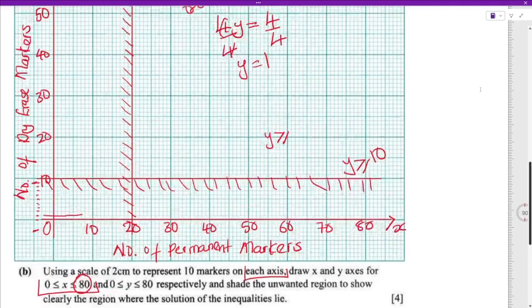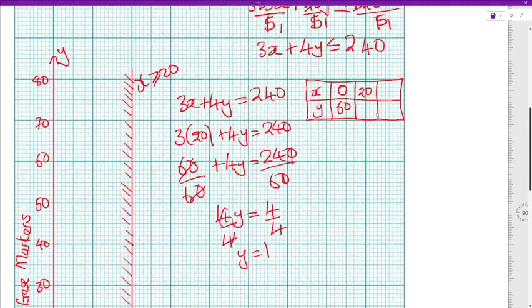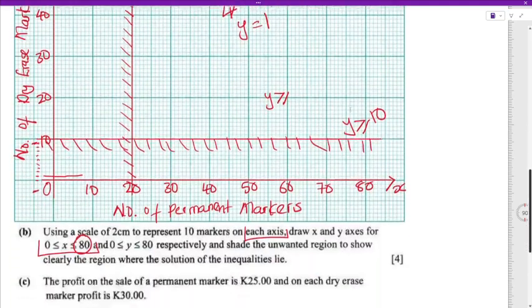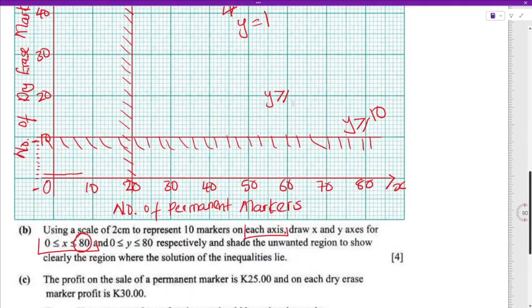What is the coordinate? 20, 1. So where is 20, 1? It is going to be right on this line here, where the inequality and x are meeting. I'll put a slightly bigger dot for you to see. That is where 20, 1 is.